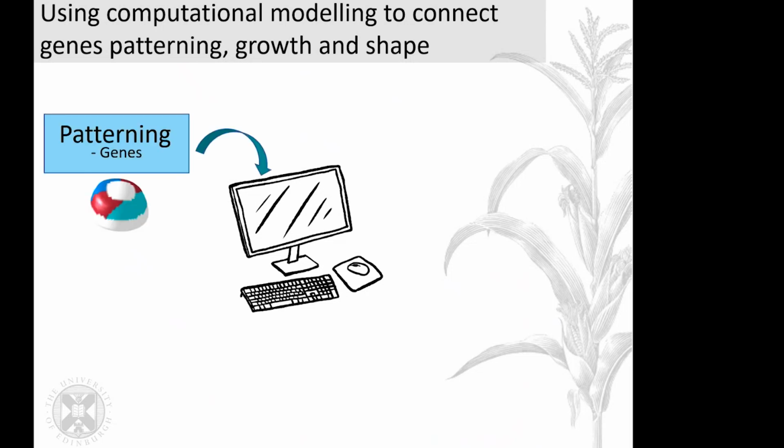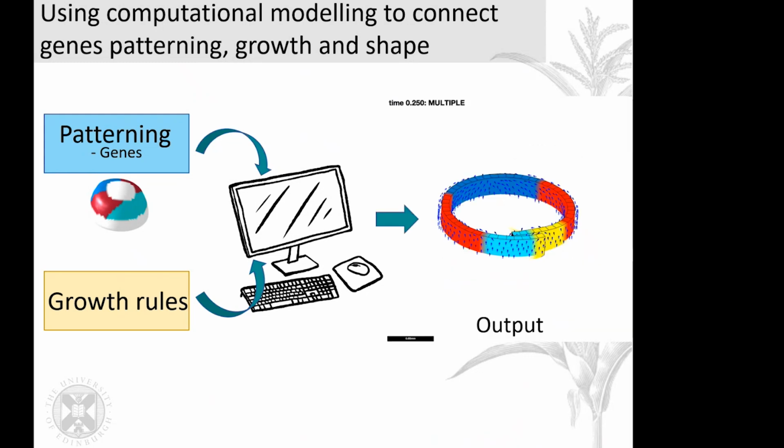So we take the information that we have from our patterning, our genes that we know about, and we have growth rules. So for example, we know because plant cells have a cell wall, the cells can't slide past each other. So that is a rule that we have in our model. So we have a series of growth rules and a series of patterning rules that we have defined from our mutant analyses.